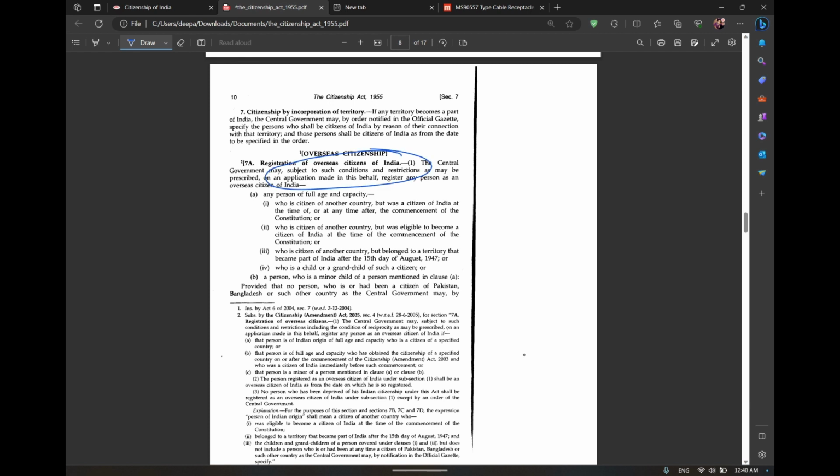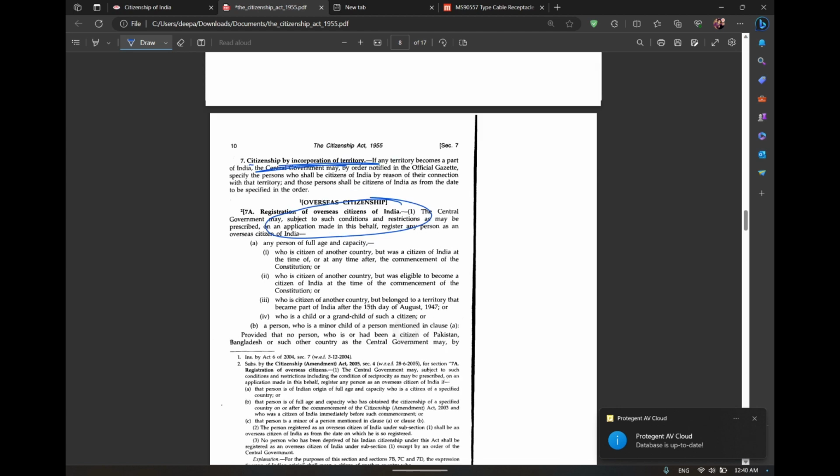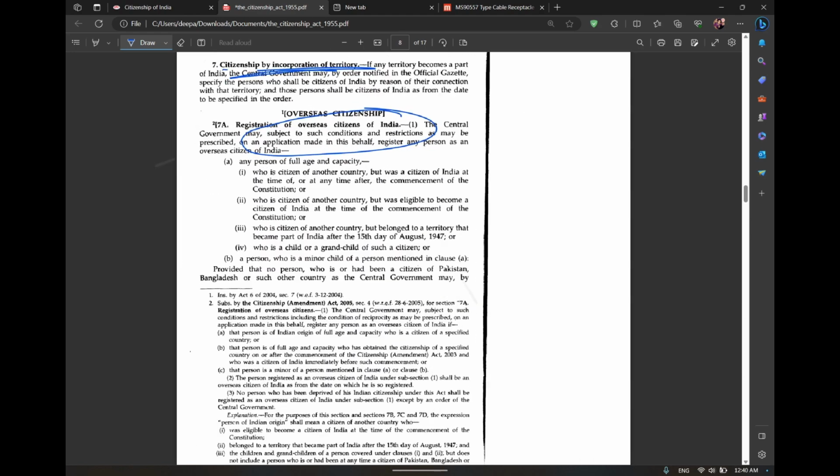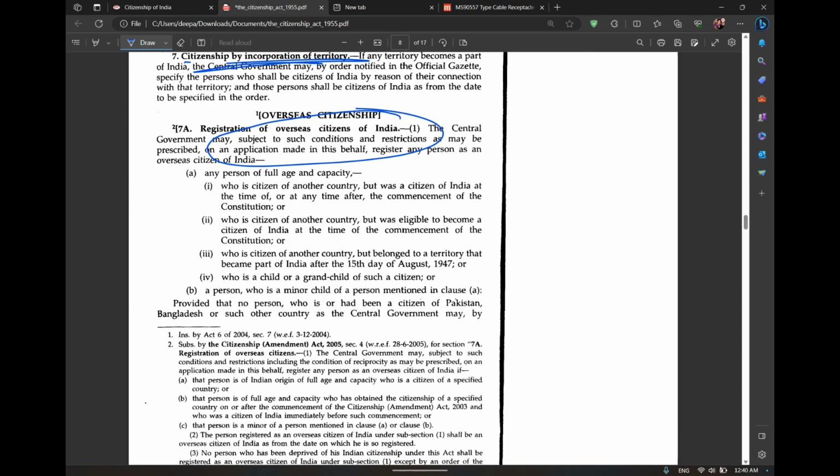Okay, so we'll go through it also, in or by one is the citizenship of incorporation of the territory. Let us go through it in this lecture only, then we'll discuss the loss of citizenship, how it can be done. Okay, so the registration of overseas citizens of India.